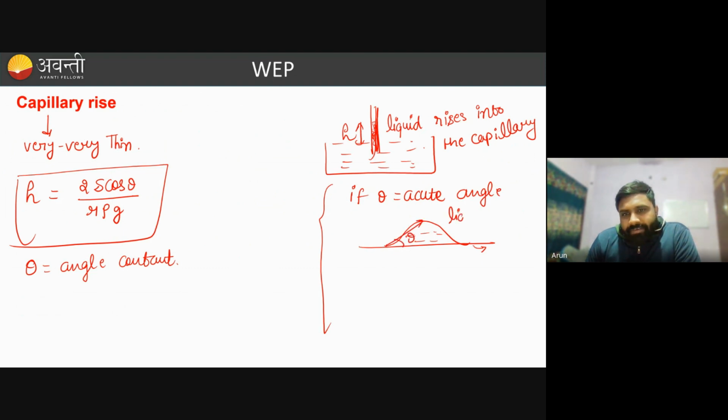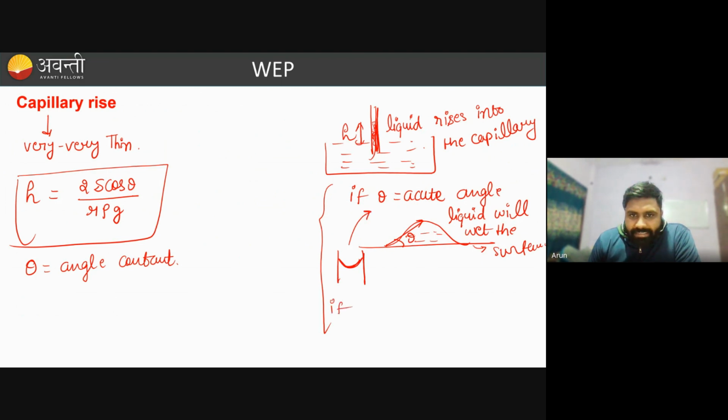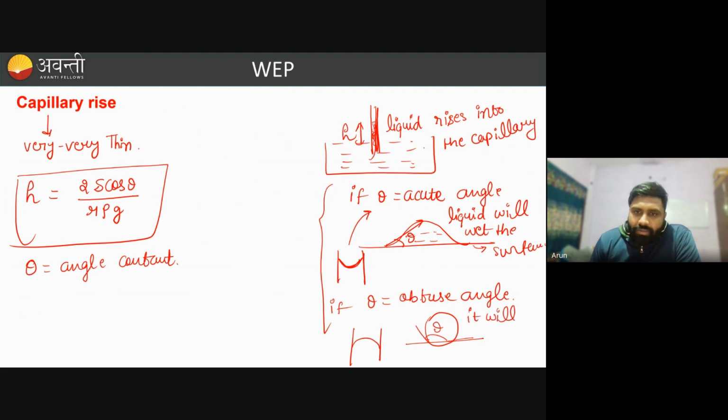So the liquid will wet the surface, and the meniscus of the liquid in the capillary will look like this. If theta is an obtuse angle, the meniscus will look like this, and the liquid on any particular surface will form a proper droplet, and it will not wet the surface.